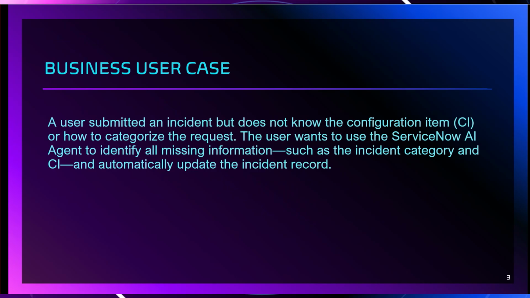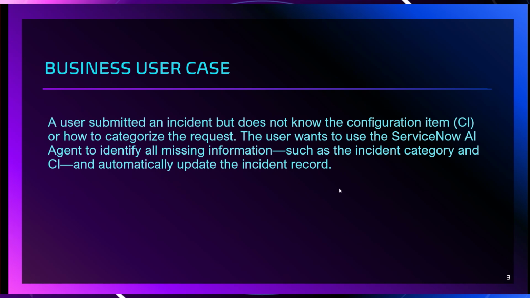The first thing I would like to talk about is the use case for the AI agent we're going to build. For example, if you're an end user and you submit an incident, but you don't know how this incident relates to a configuration item, say DBCI, or how to categorize the request.